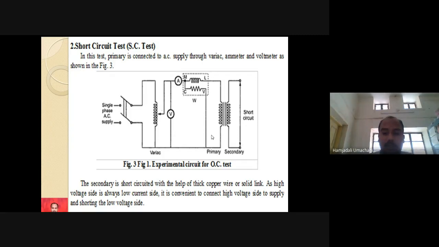In the previous case, we varied the auto transformer until we got rated voltage in the open circuit test. But in this case, can you apply rated voltage? Since the secondary is short circuited, can you apply rated voltage? The condition for open circuit is rated voltage, but what is the condition for the short circuit test?